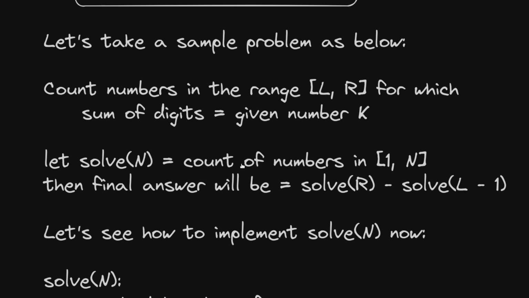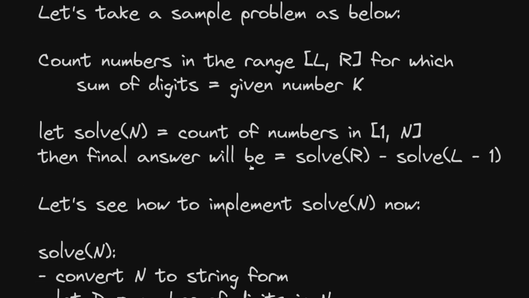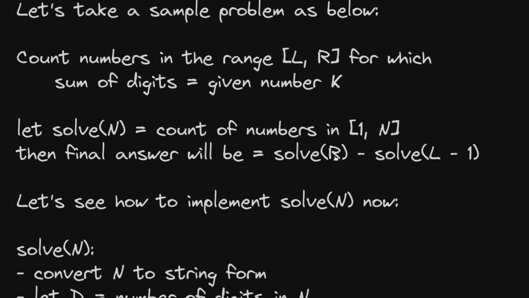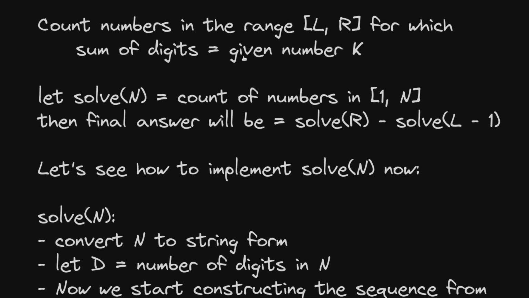Based on the calculation that we used here, the answer from L to R is the answer from 1 to R minus the answer from 1 to L minus 1. 1 is neglected here because we are counting all the positive numbers from 1 to n, and this solve function is going to give the count of numbers in 1 to n with sum of digits as k.